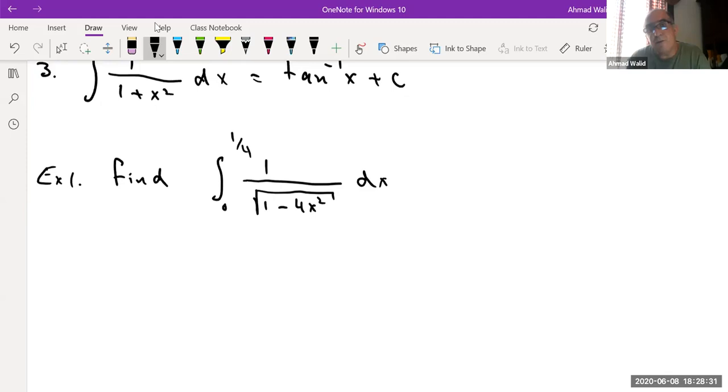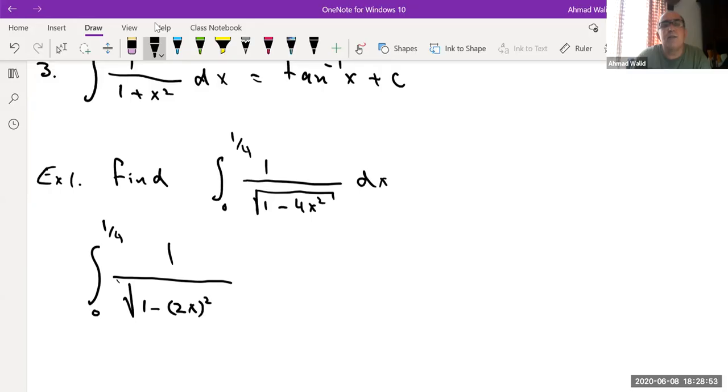You see here 4x squared, it's not matching my formula, correct? I can change it a little bit. I will do some algebra here. I can rewrite this as the integral from 0 to 1/4 of 1 over the square root of 1 minus (2x) all squared. Can I do this? Now I'm in the form 1 minus x squared, and here dx.